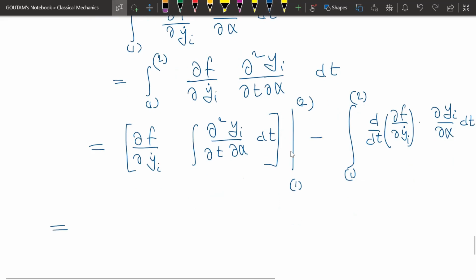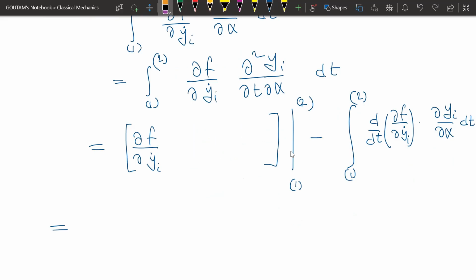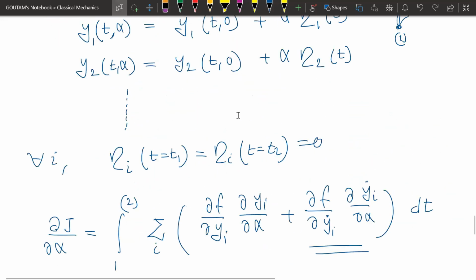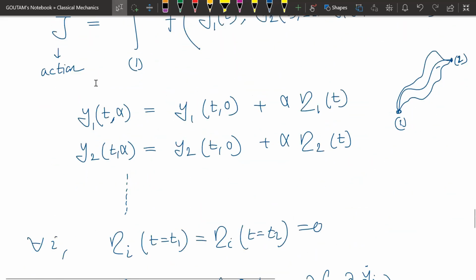So now look at this term. This integration will be ∂yi/∂α, right? So we can write it directly here also. Now what is ∂yi/∂α? Here look at this equation. ∂y1/∂α will be eta 1, because this doesn't depend on alpha.